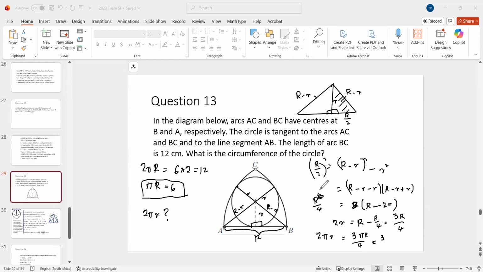This is R squared over 4. This is not the correct answer. So you have the R's cancel. You got 2r is equal to 3/4 R. So when you multiply on both sides by pi, you get this, and pi R is 6.